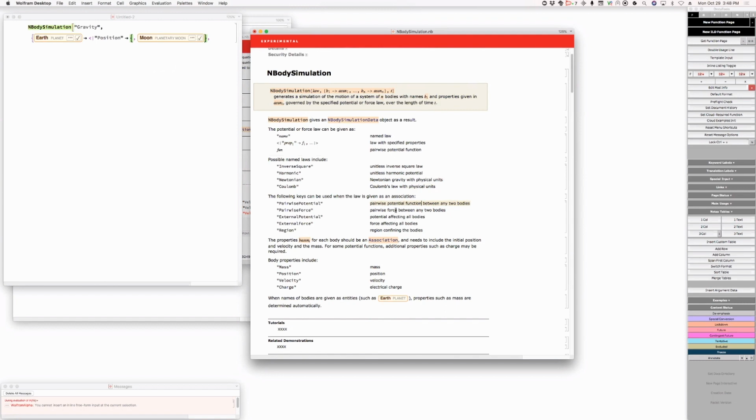So what is that pairwise force function between any two bodies? Potential function applied to all bodies, is that correct? Yes. No, potential function applied to each body. Additional potential function applied to each body. Yes. Okay.